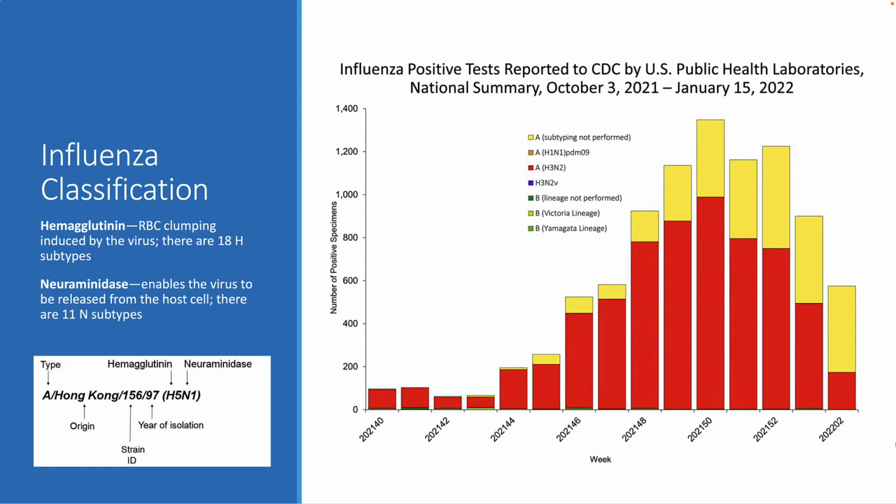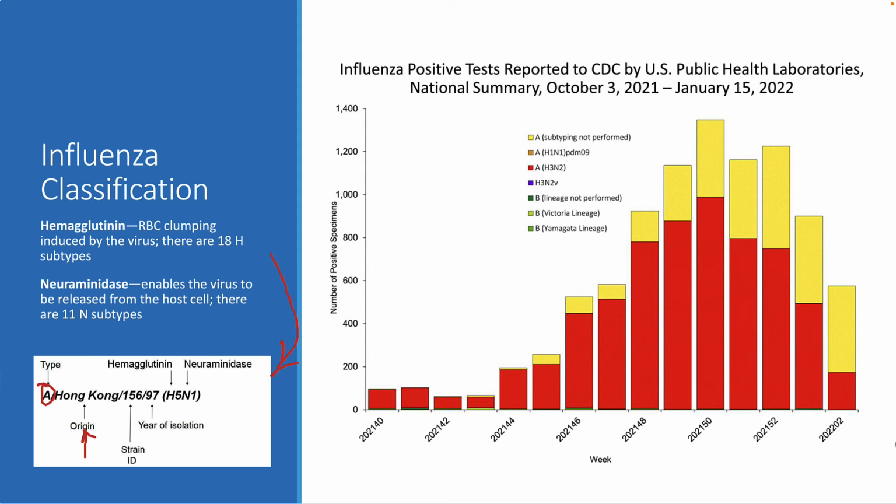So we have two ways of classifying influenza viruses. The naming convention is shown down below here. And notice that we start with type A or type B. Next is the area of origin, whether it's Hong Kong or Spain or what have you, Middle East. These viruses are classified according to where they were first encountered.